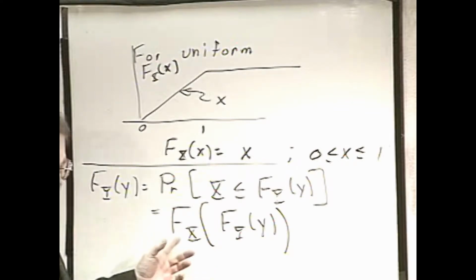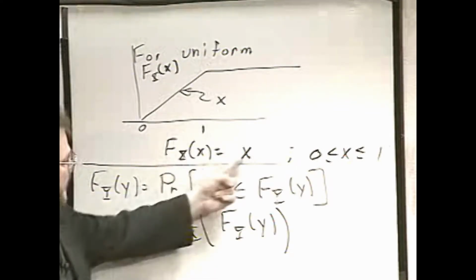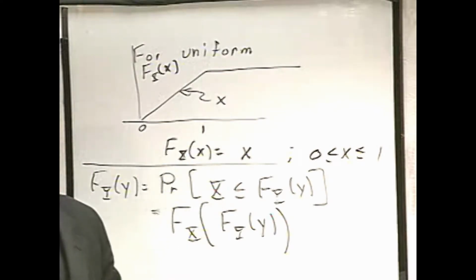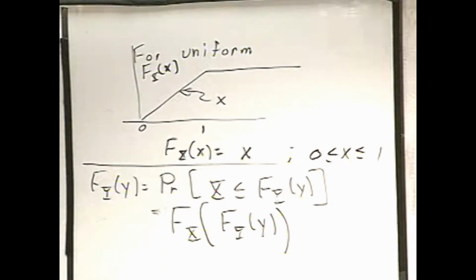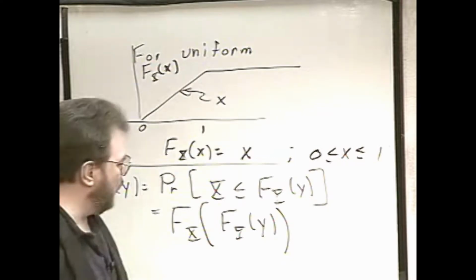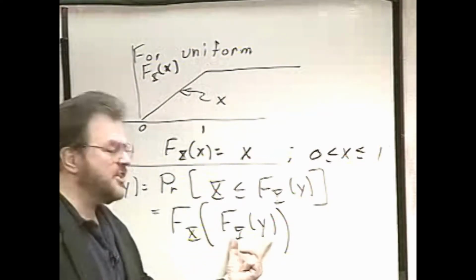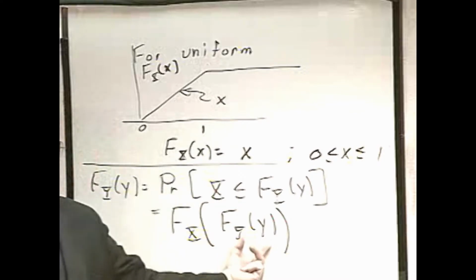But what is f sub x? F sub x is an identity operator, right? F sub x is an identity operator as long as what it's operating on is between 0 and 1. Well, this is always between 0 and 1, isn't it?